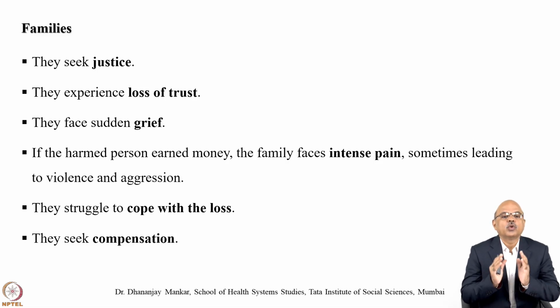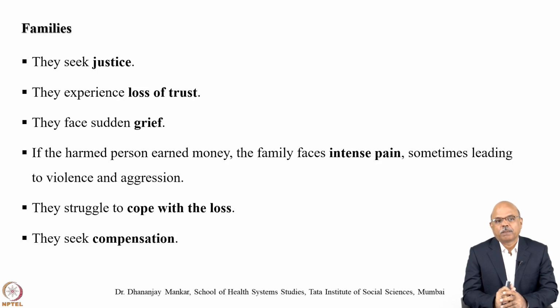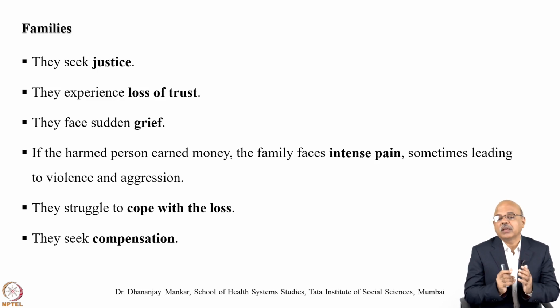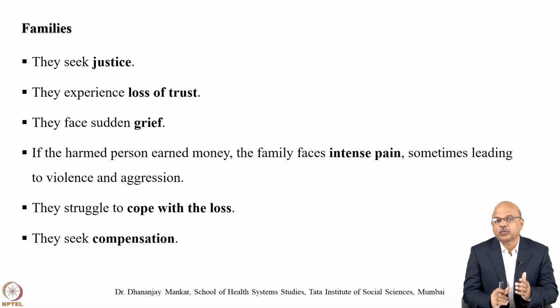They struggle to cope with the loss. It becomes very difficult for the hospital to put their team on breaking the bad news. Also, the families seek compensation from the hospital through all the legal remedies they have.